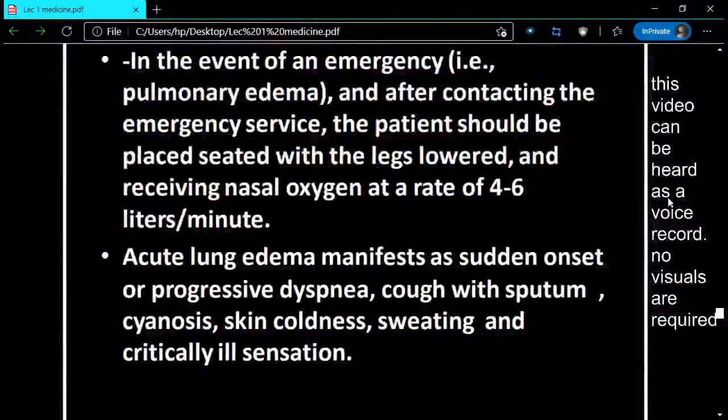Next, of course, we said it should be a semi-supine position.